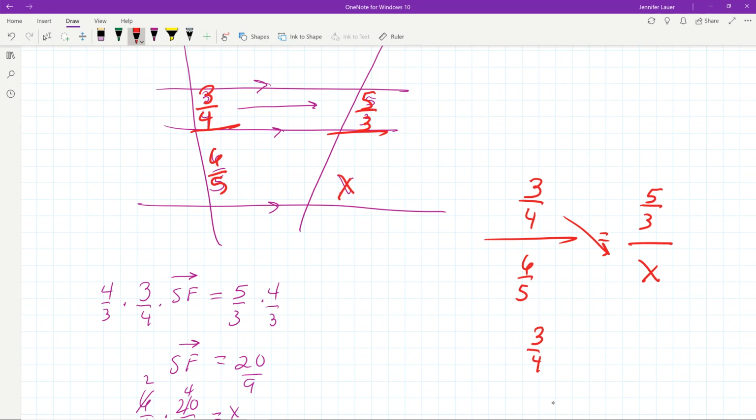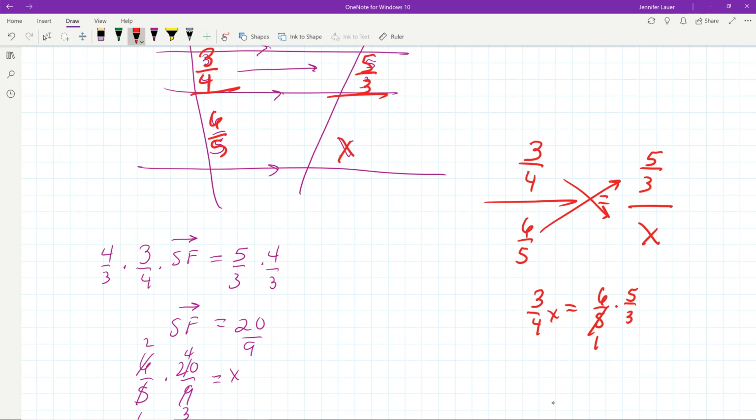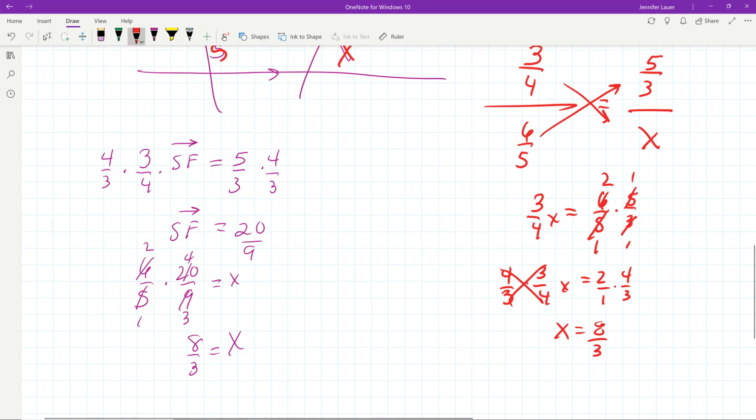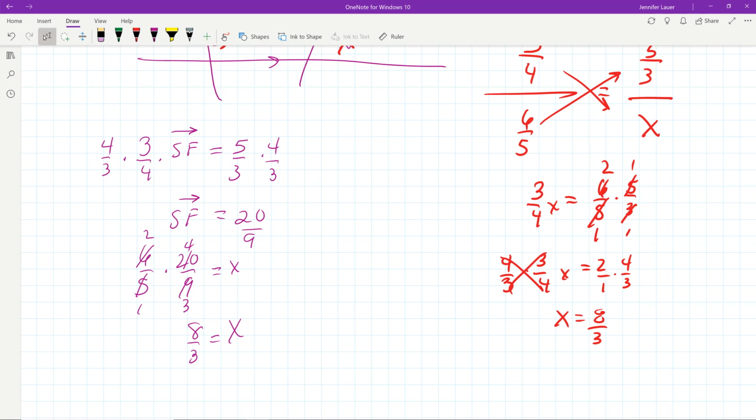This becomes 3/4 x is equal to 6/5 times 5/3. I like to cancel out where I can. Then I multiply both sides by the reciprocal. x is equal to 8/3. Again, very simple, very straightforward. I like proportions, but feel free to do it how you wish.